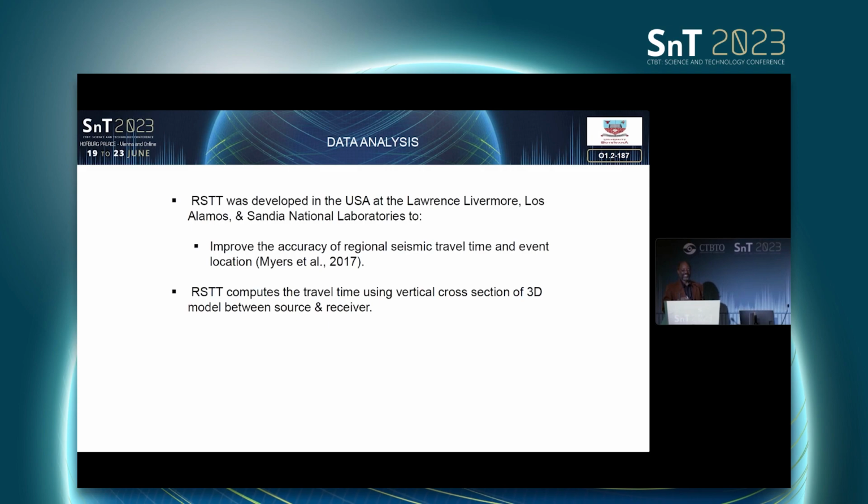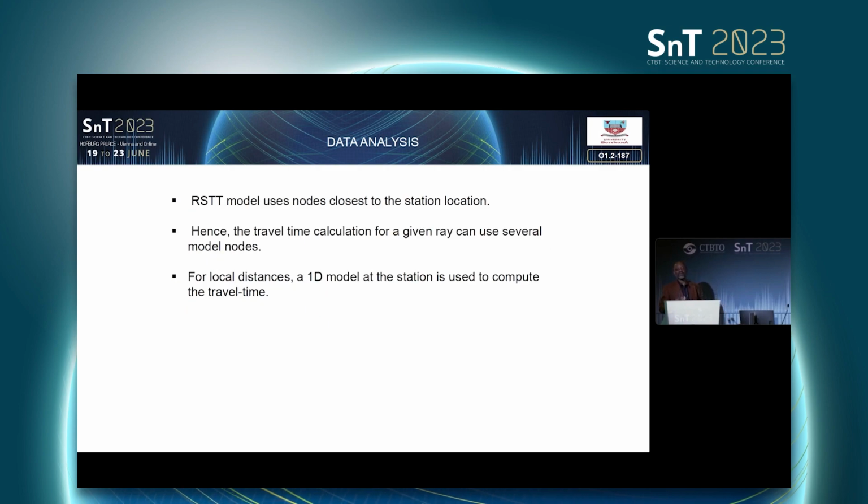RSTT computes the travel time using a vertical cross-section of a 3D model between source and receiver. The RSTT model uses nodes closest to the station location. So if there's one node here and another node, it will use both nodes. These nodes are just 1D velocity models.